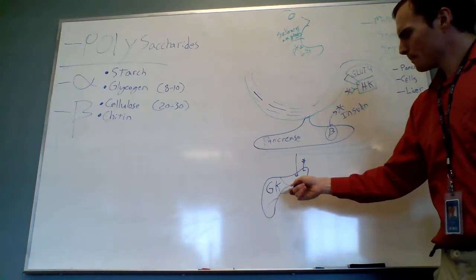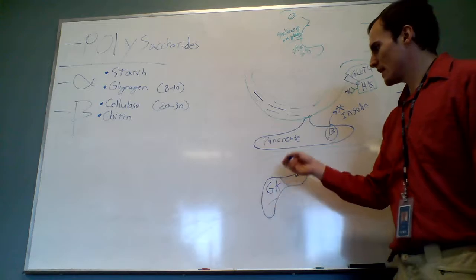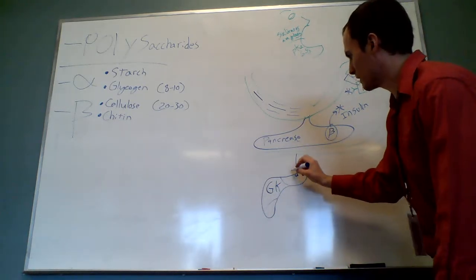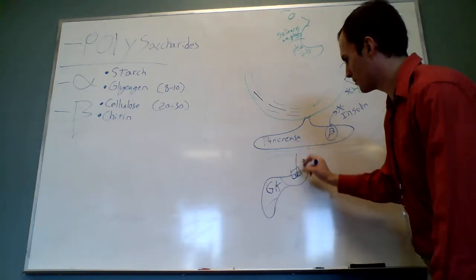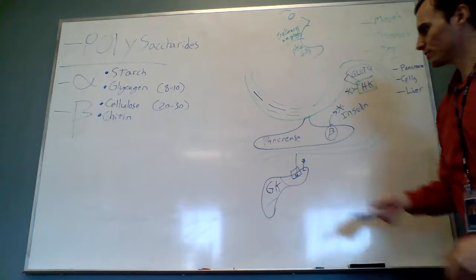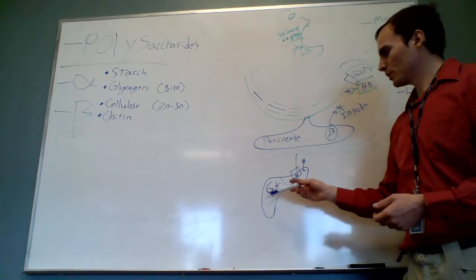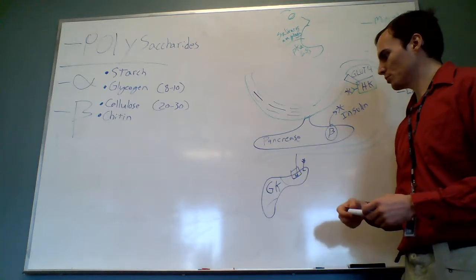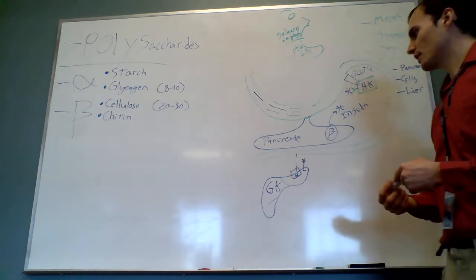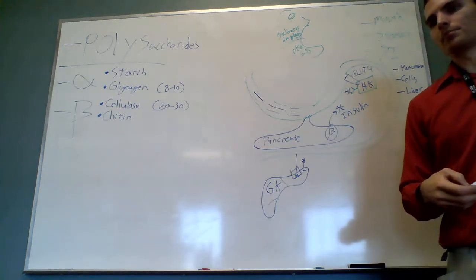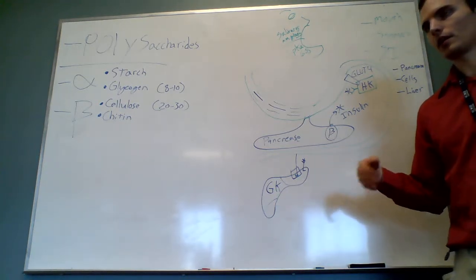All right, so glucokinase will take the glucose that's being pulled in via those glucose transporters that we've talked about, GLUT4, and it will pull it in. This is in fed state. It'll pull it in, and with glucokinase, it will do some glycolysis.